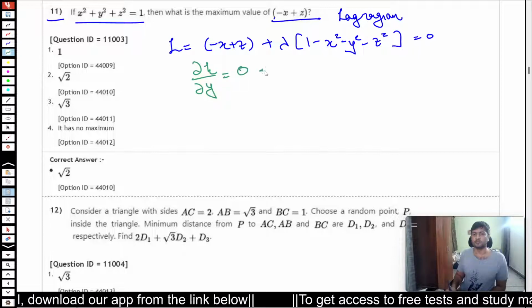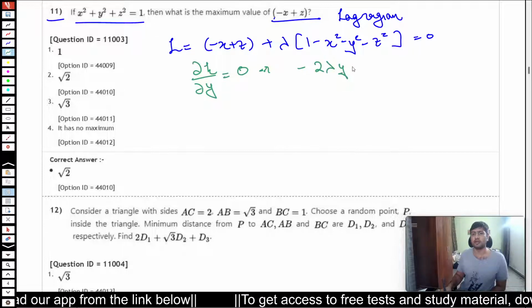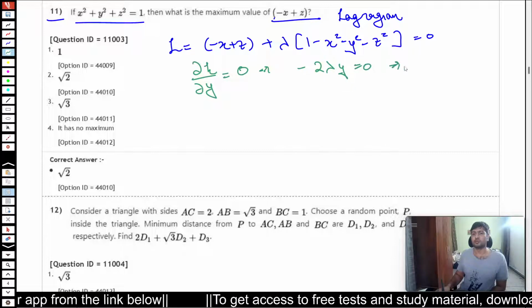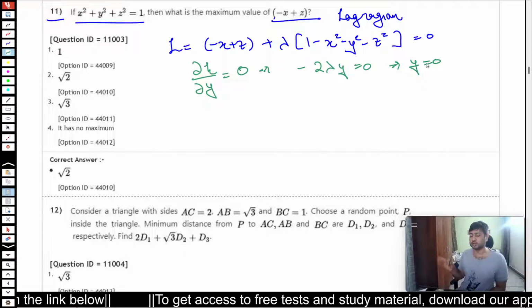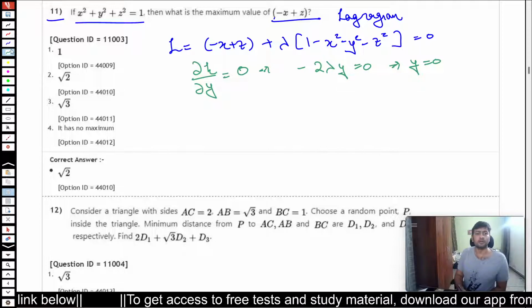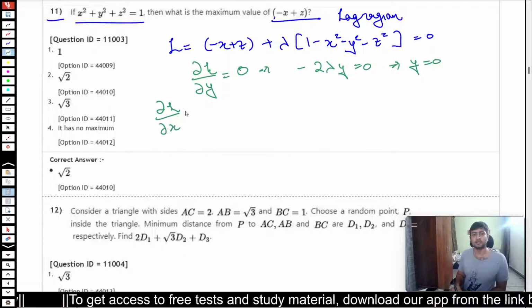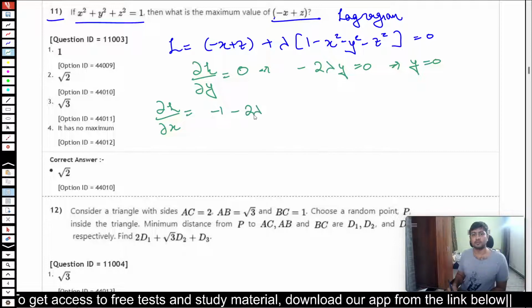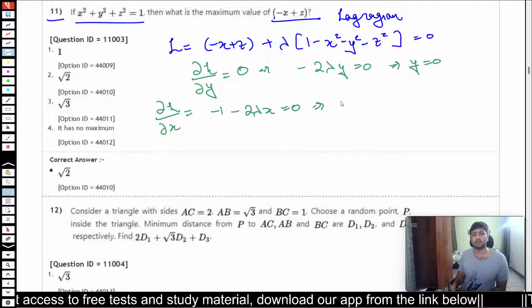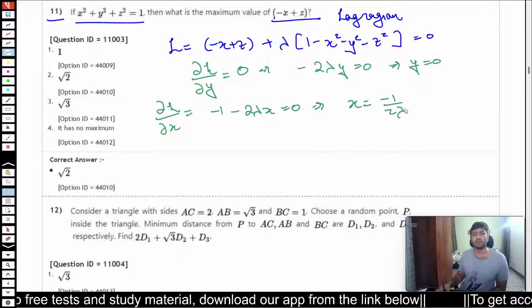is equal to 0, which implies minus 2 lambda y equals 0, which implies y must be equal to 0. So first thing is y is completely out of the way, so you can remove it from the picture. Now next, del Lagrangian by del x is equal to minus 1 minus 2 lambda x equals 0, which implies x equals minus 1 by 2 lambda.